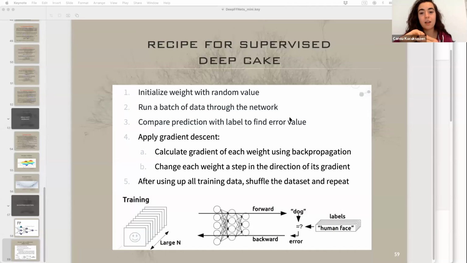Yeah, and the slide that you showed about the supervised cake. So that is the new training batch we do after the backpropagation, to test it now with this one. Yeah, so this is one potential order of things.